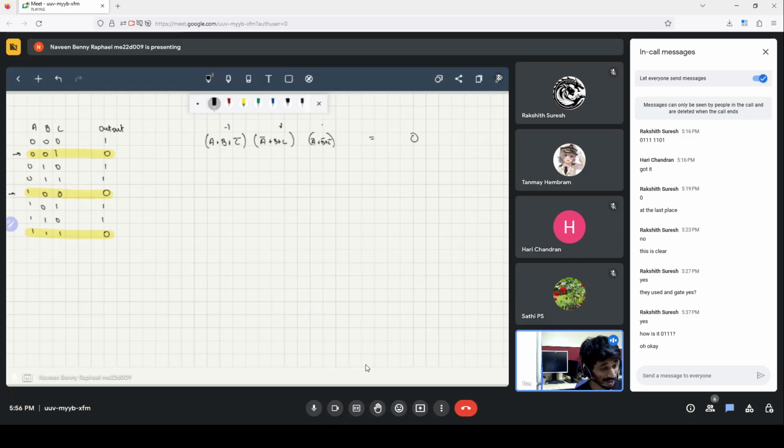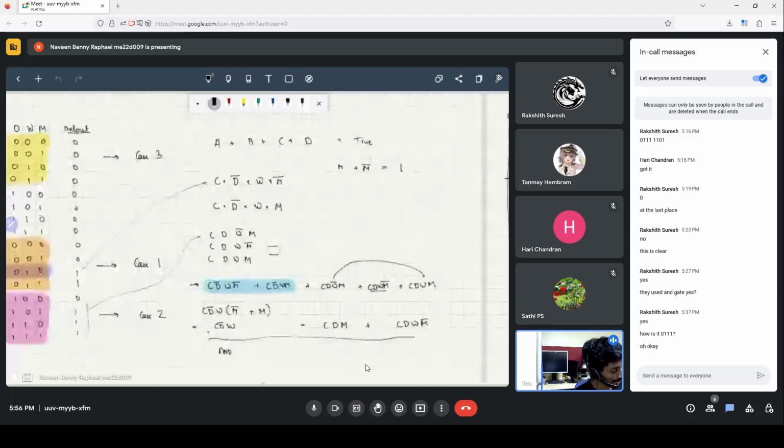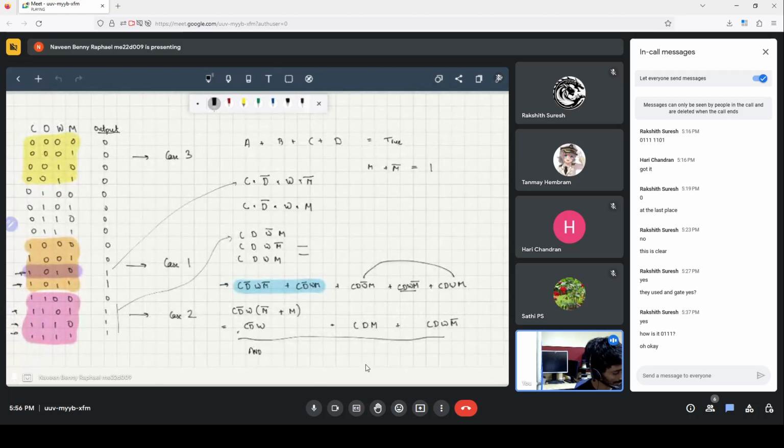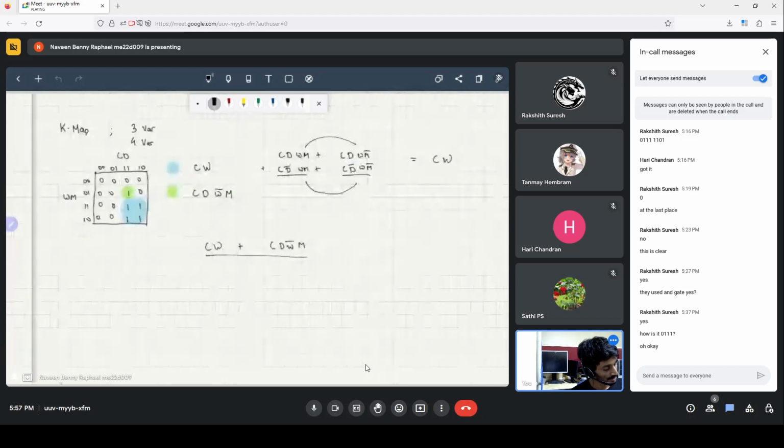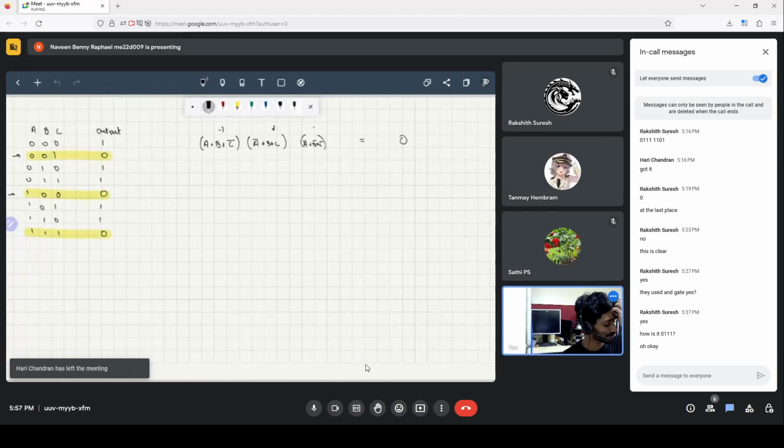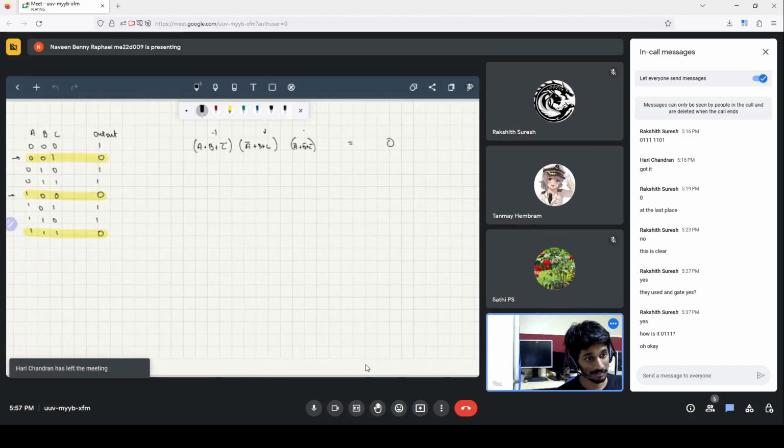This is a little harder to properly analyze and do the combinations as we did before, joining these two and things like that. But it is very easy to simplify this via k-maps.